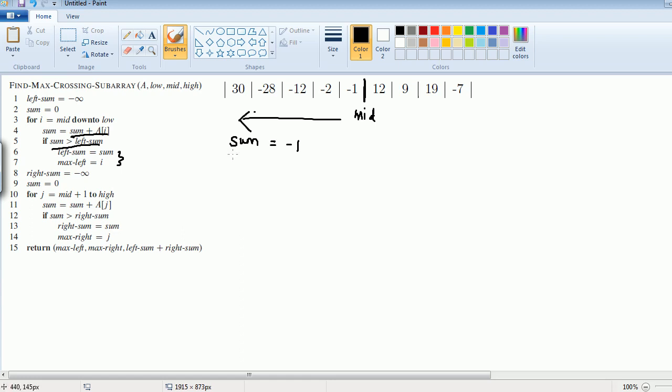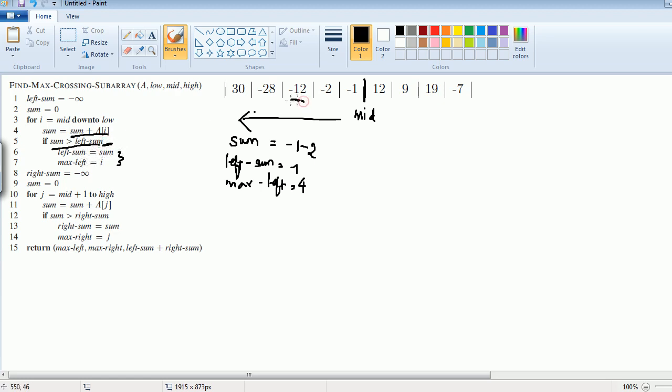So left sum equals -1 here, and max left equals the index of mid, 0 1 2 3 4, equal to 4. After that, we are going to add -2 to sum, which gives -3, and -3 is not greater than -1, so it won't enter this if block.